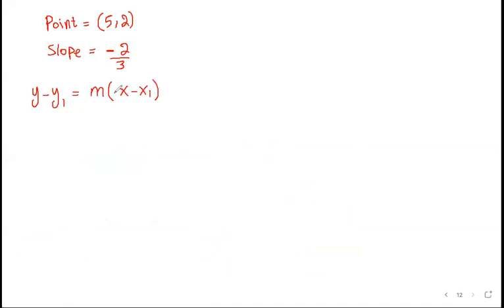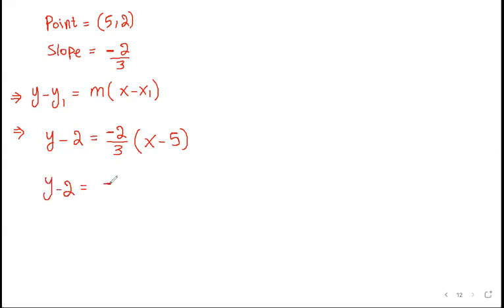You plug everything into this formula. What do I get? y - 2, since y1 is 2, equals negative 2/3 times (x - 5).